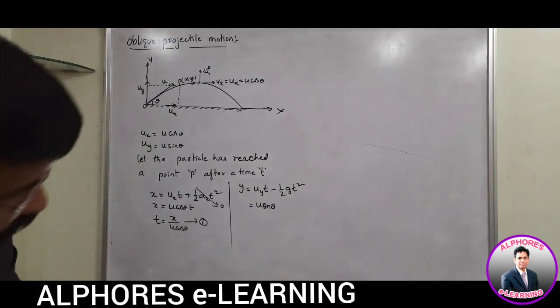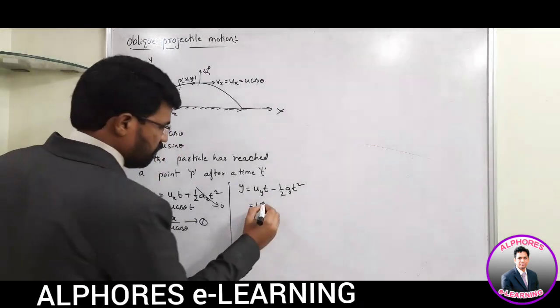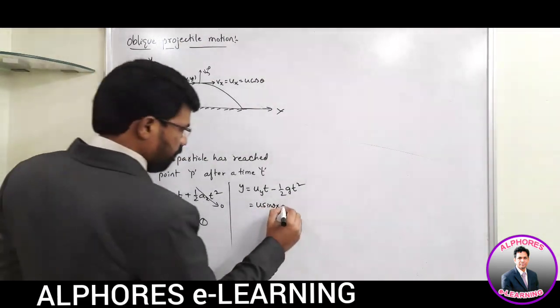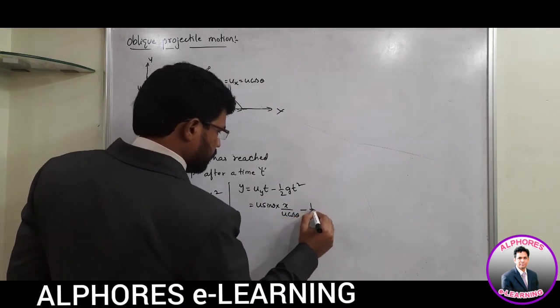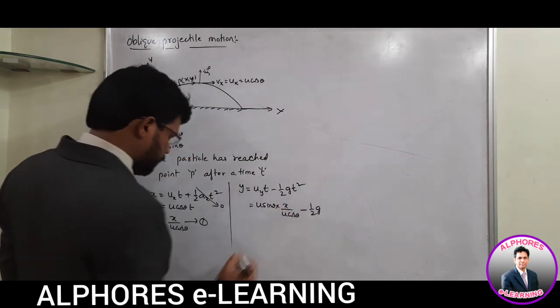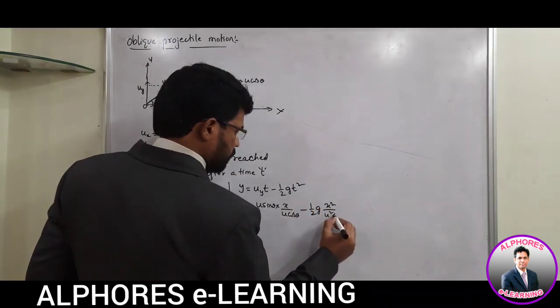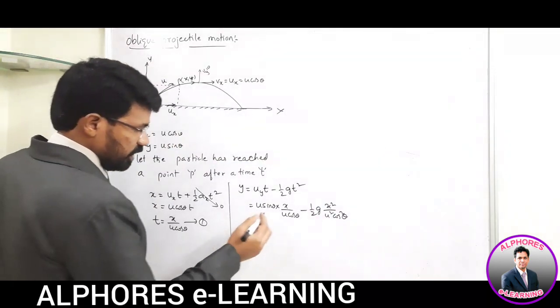And what about t? Already we have derived an expression for t: t is x by u cos theta. So y is equal to u sin theta into x by u cos theta minus half g into x square by u square cos square theta. Okay, so that's how the equation can be written.